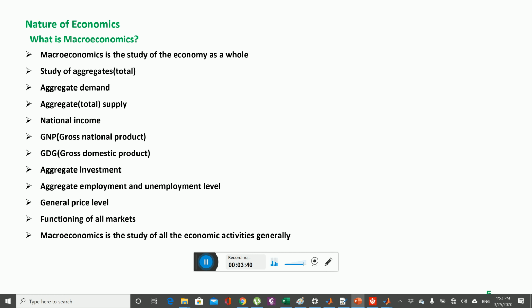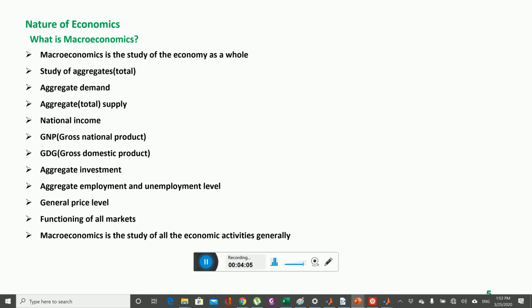So again I am repeating, macroeconomics is the study of aggregates, and that is why national income measurement is a macroeconomic activity, when we are estimating, computing national income.